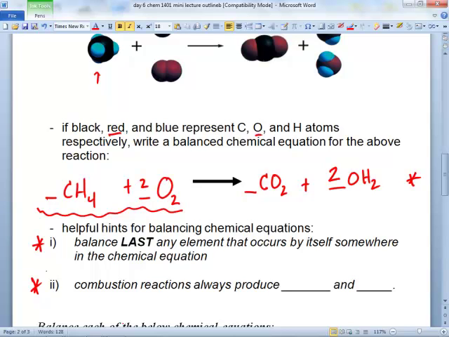What do you get? Anybody help her? Water's one of them. Yeah. And, oh, she got it. Carbon dioxide. You burn stuff, you get carbon dioxide and water. Just remember that. That'll help you out.